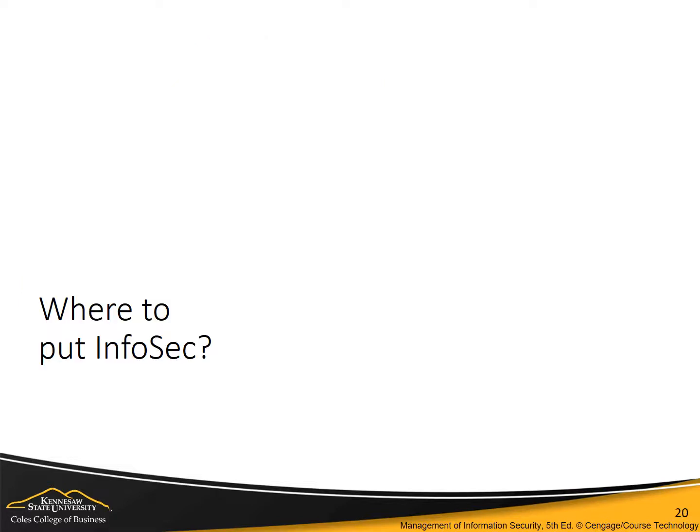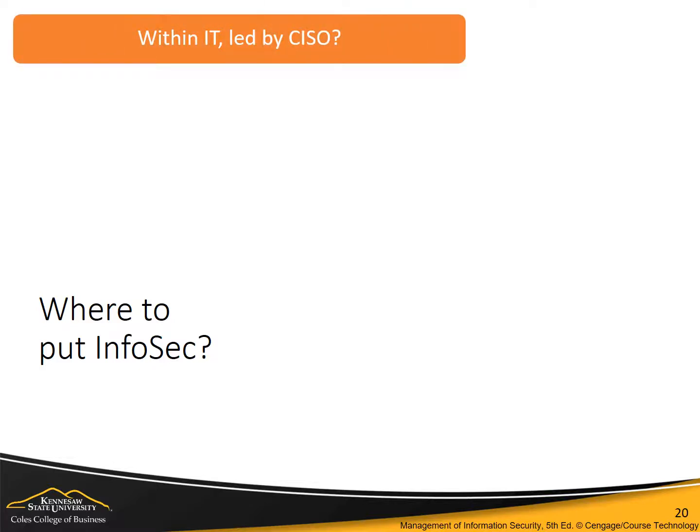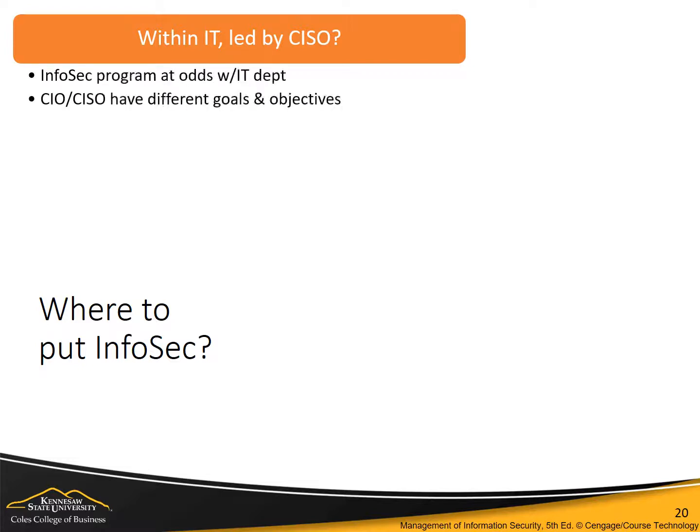In large organizations, InfoSec is often located within the Information Technology Department, headed by the CISO, who reports directly to the top computing executive or CIO. By its very nature, an InfoSec program is sometimes at odds with the goals and objectives of the IT department as a whole.